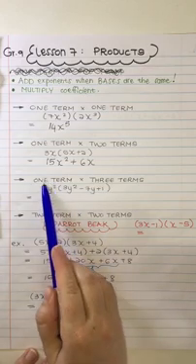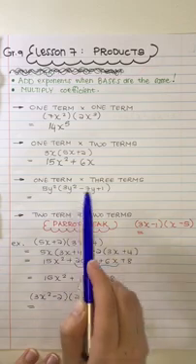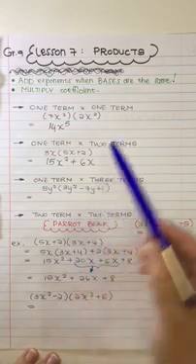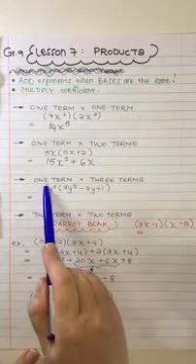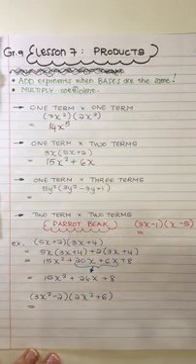Then when we multiply a term with 3 terms, we multiply this one with 1, 2, 3 terms. We're going to do exactly the same as the previous one: multiply this with every single term inside the bracket.